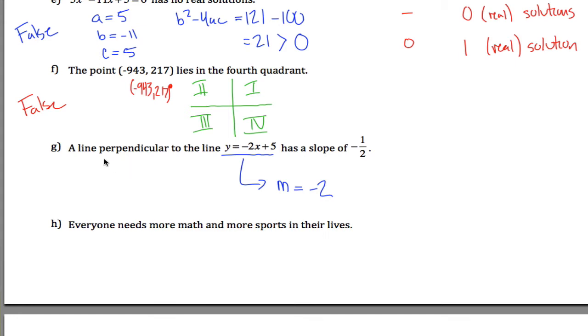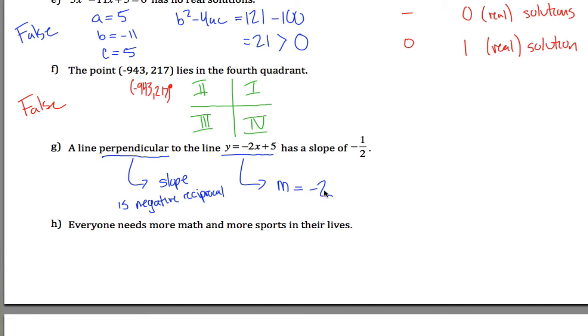And what you need to know is perpendicular means that the slope is the negative reciprocal. Sounds worse than it is. I'll explain it. The slope of the line that is perpendicular to this line is equal to the negative reciprocal of this number. What is the negative reciprocal of negative 2?